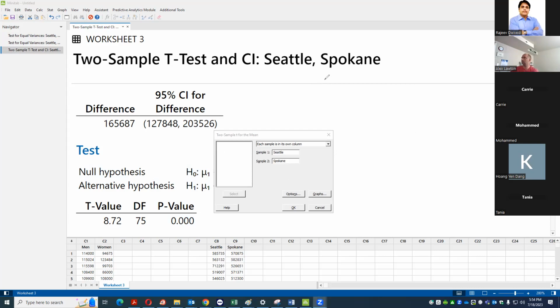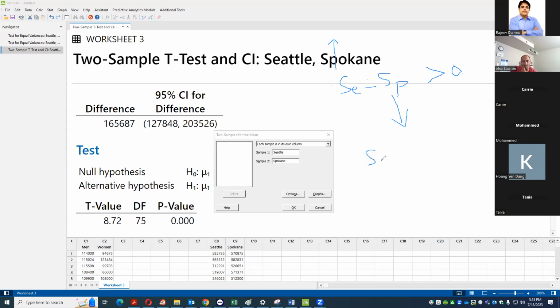So here, if it is Seattle minus Spokane and we want this difference to be greater than 0, then the Seattle first sample should be higher and the second sample lower, then only the difference will be higher.